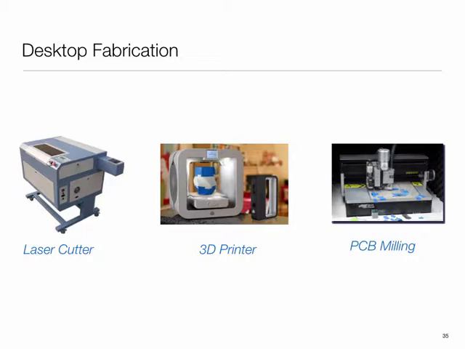PCB milling, you can actually literally in minutes fabricate a printed circuit board in your lab. The only difference is instead of being done chemically, they literally take a milling machine and just etch away, remove the metal. Not as sophisticated as making multi-layer boards and all, but very rapid turnaround.